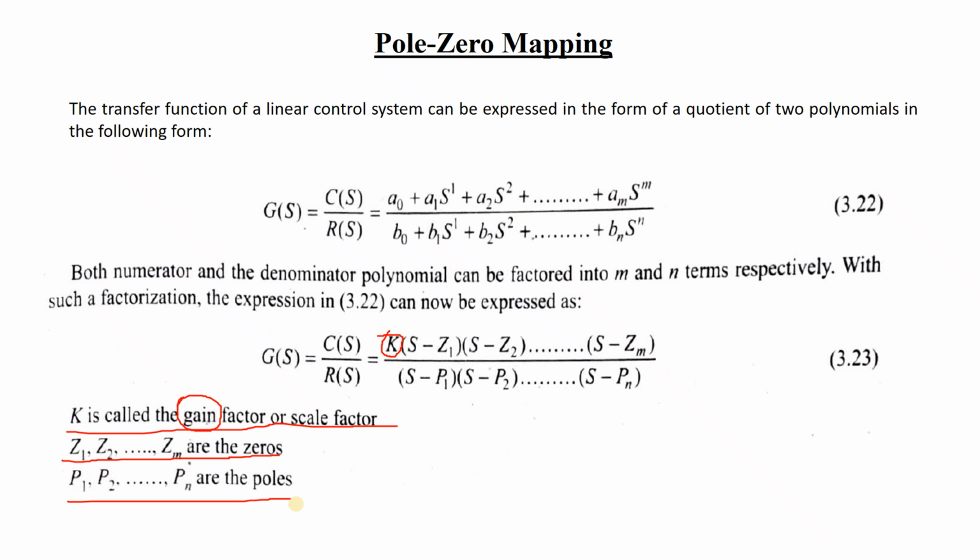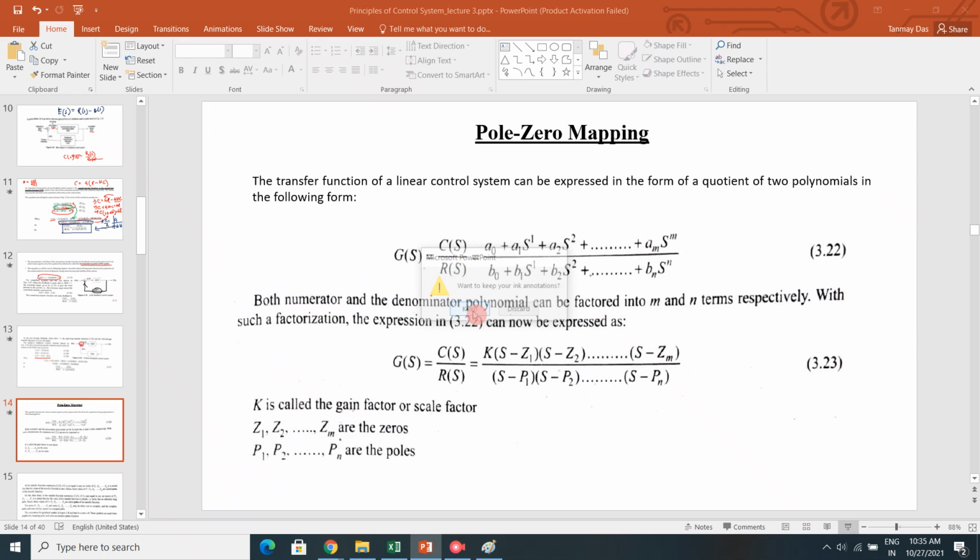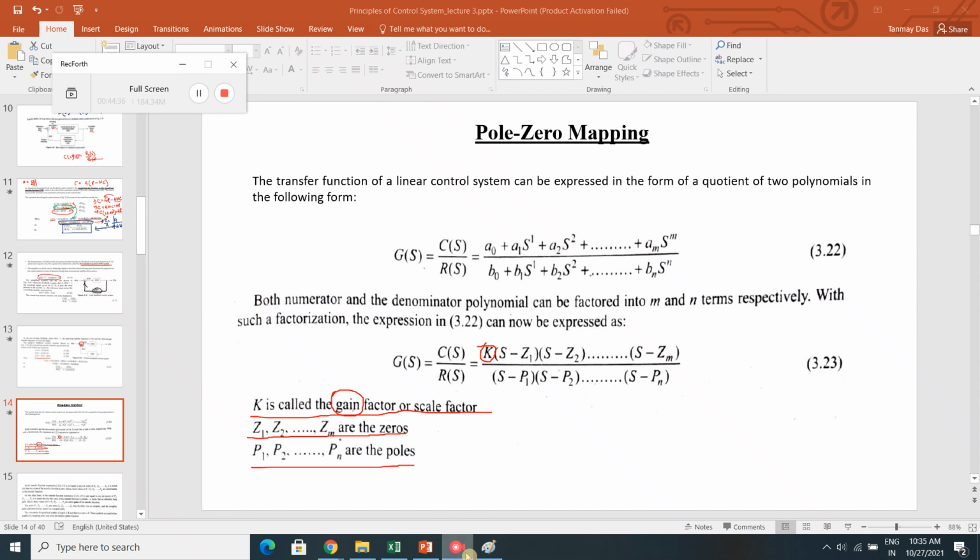Generally the denominator exponent is more compared to the numerator exponent. The solutions of the s values in the numerator are called zeros, and the solutions of the s values in the denominator are called the poles. Got it?